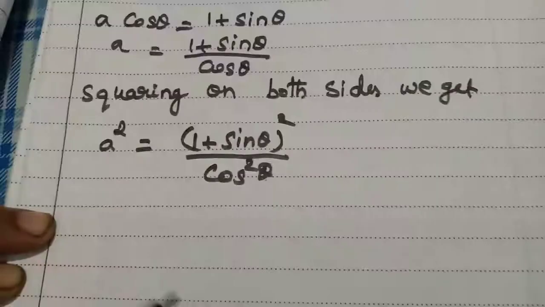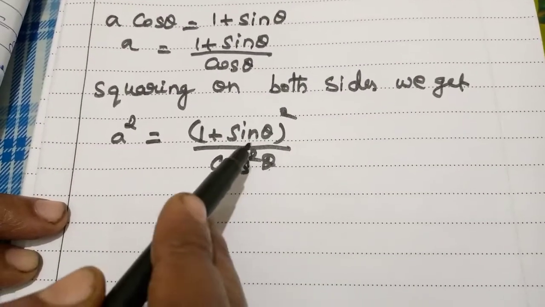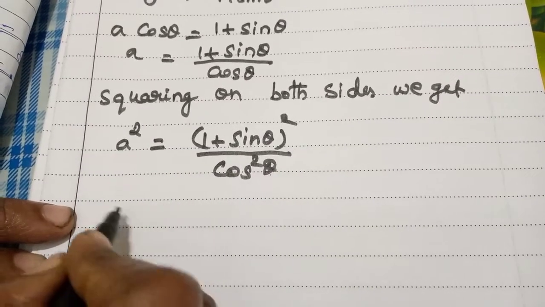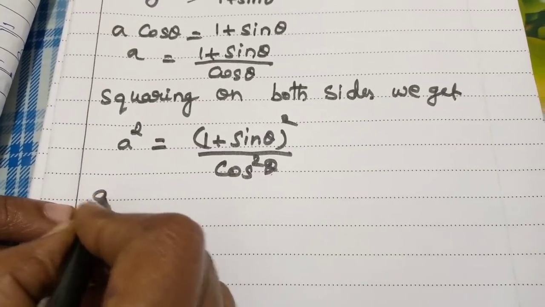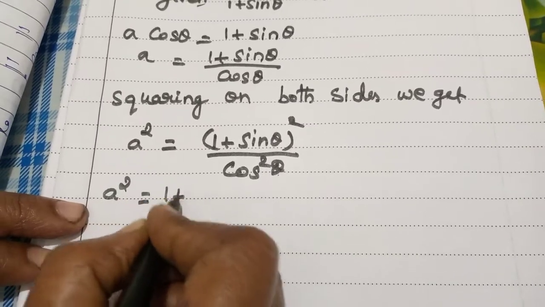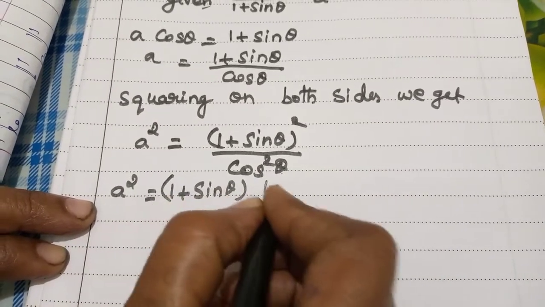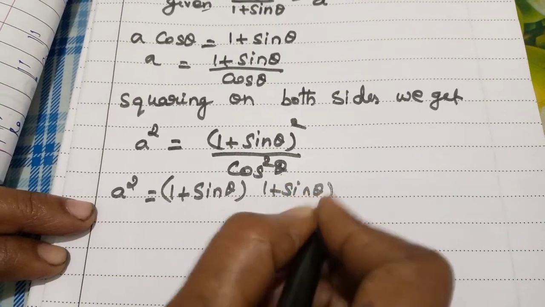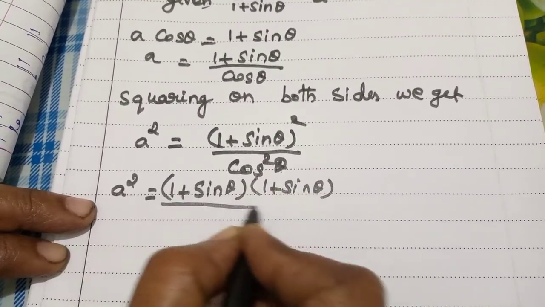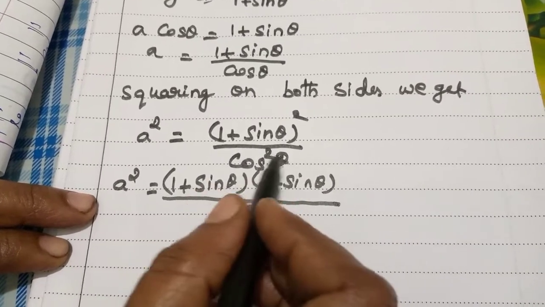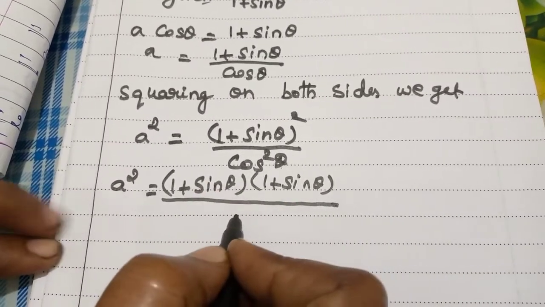Now 1 plus sin theta the whole square can be written as 1 plus sin theta into 1 plus sin theta. So a square equals 1 plus sin theta into 1 plus sin theta by cos square theta. Here the numerator is in the sin ratio, no? So let us change the denominator also into sin ratio.